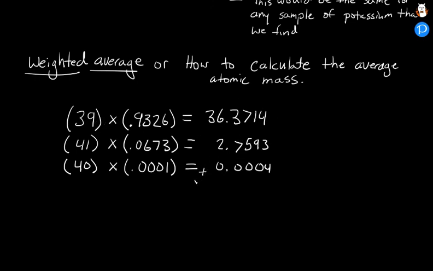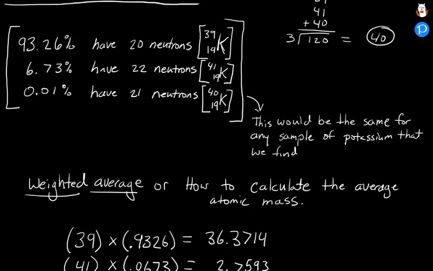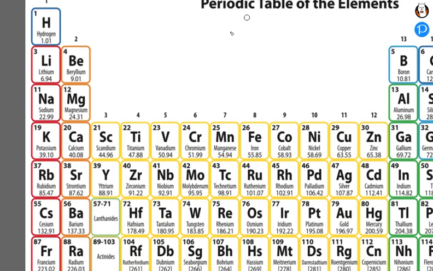And so now all I have to do, once I've got my weights there basically, I just have to add them together. If I add them together, 36.3714 plus 2.7593 plus 0.0004, and I get 39.10, and that is the average atomic mass of potassium, which again makes sense because that's what we see right here.